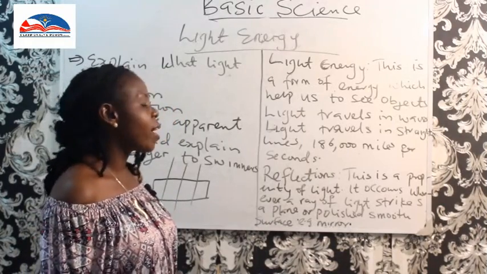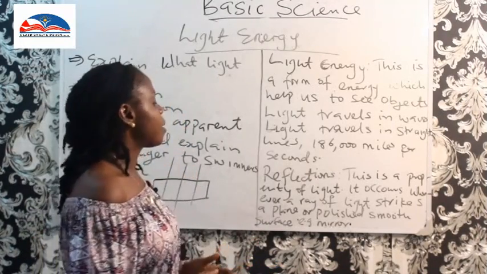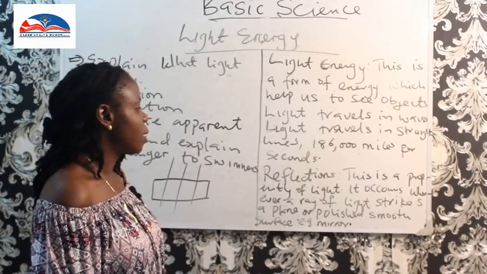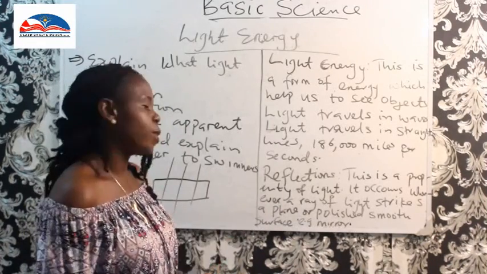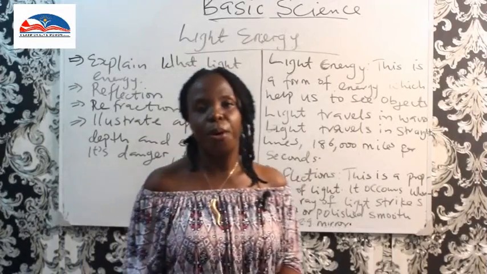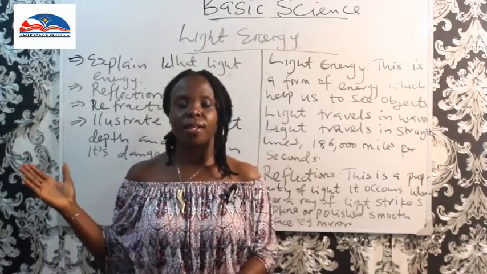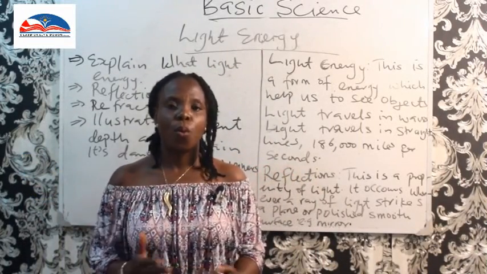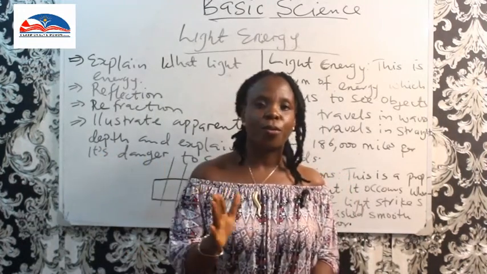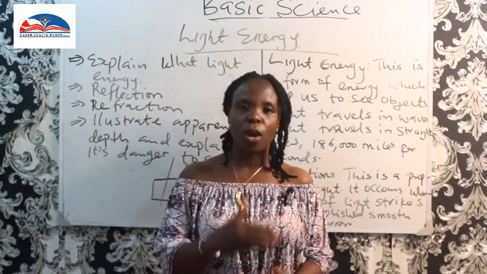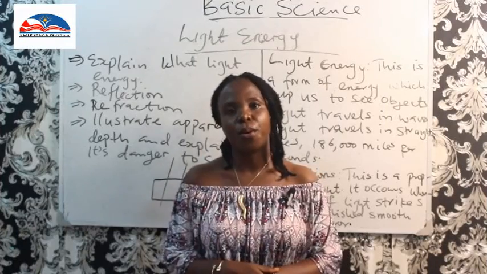It occurs whenever a ray of light strikes a plane or polished smooth surface. Reflection happens when a ray of light travels and strikes that surface. We'll give you an example of a mirror. If light strikes a mirror, what happens? It's going to reflect and bounce. That's why we see a reflection of ourselves in the mirror.